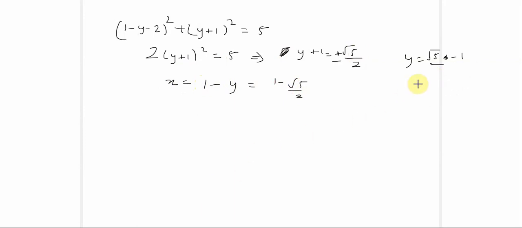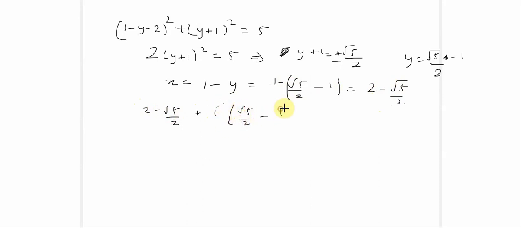So root 5 by 2 minus 1, not root 5 minus 1 by 2. So x is 1 minus y, which gives us 2 minus root 5 by 2. So this is our complex number, this is our z0: 2 minus root 5 by 2 plus i times root 5 by 2 minus 1.